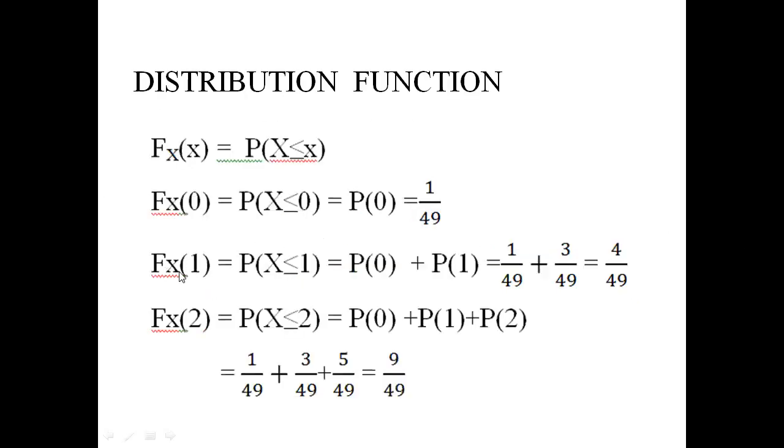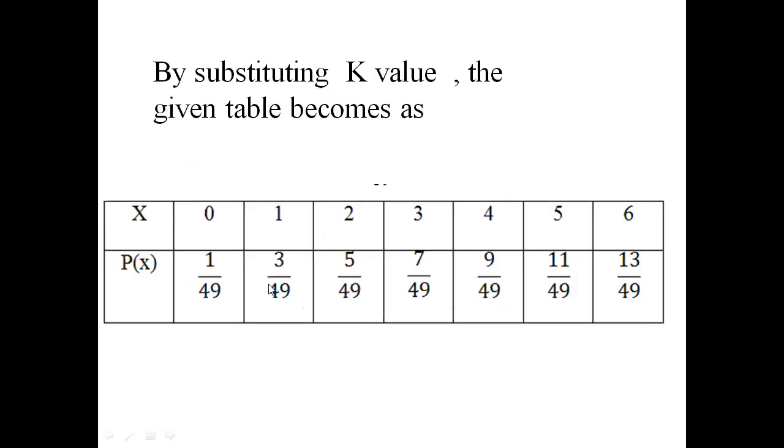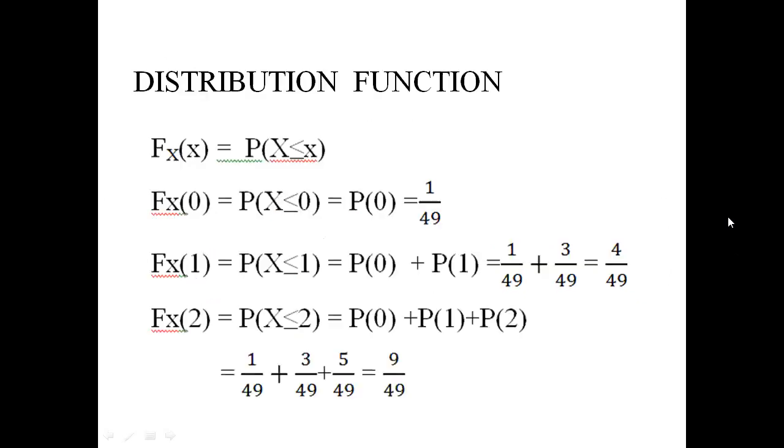The distribution function at 1, that is equal to P of x less than or equal to 1. For satisfying this condition, you are getting the probabilities P of 0 plus P of 1, that is equal to 1 by 49 plus 3 by 49. We are getting 4 by 49.